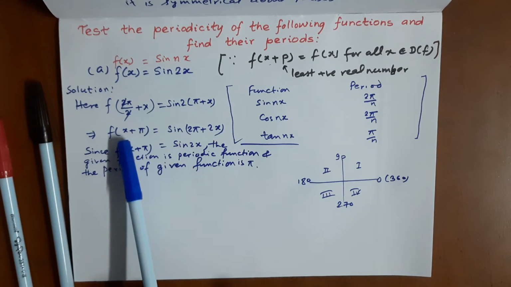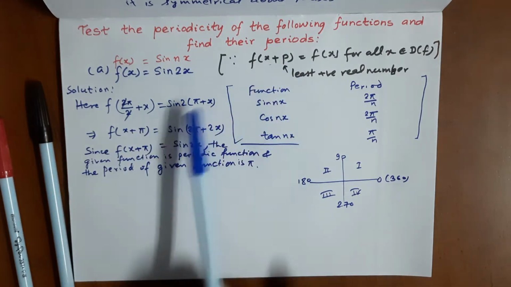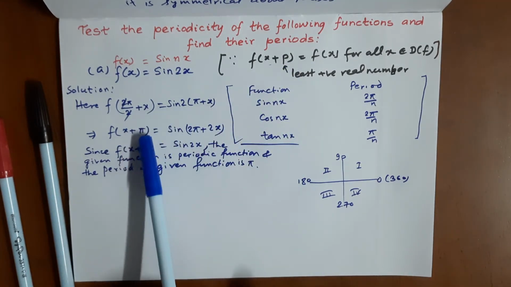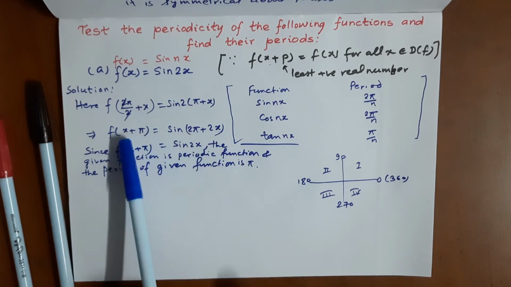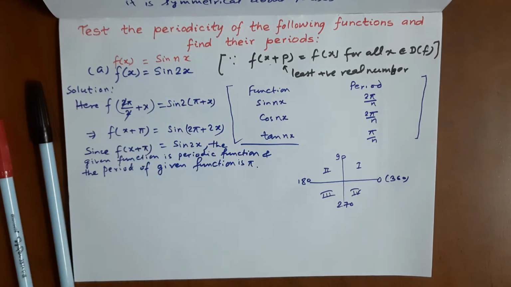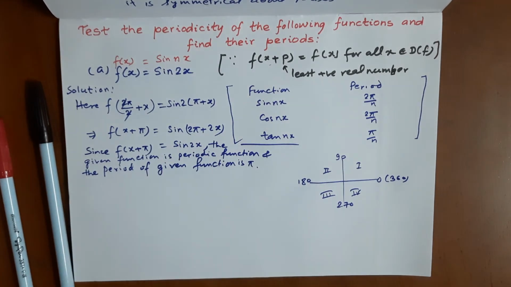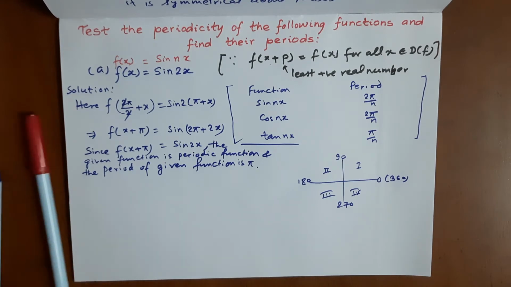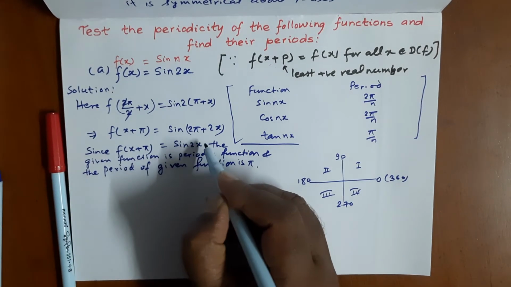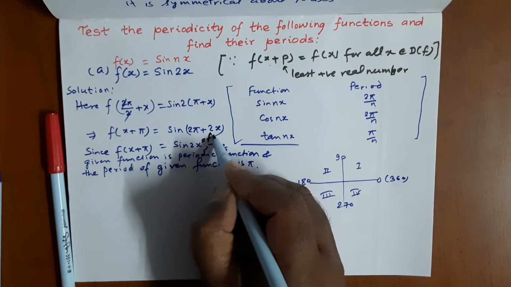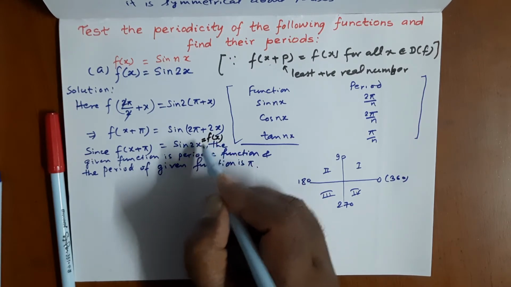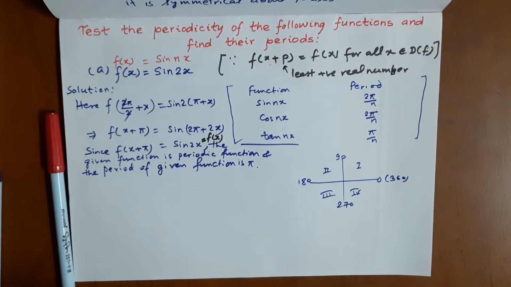Putting this value pi in place of p, we have got that f(x plus pi) equals f(x).